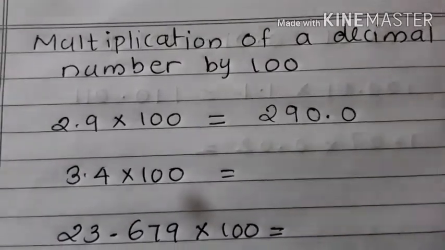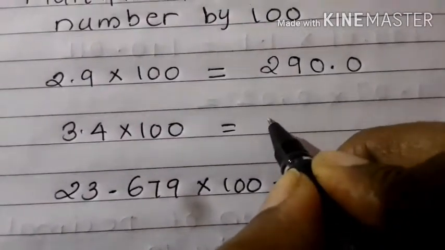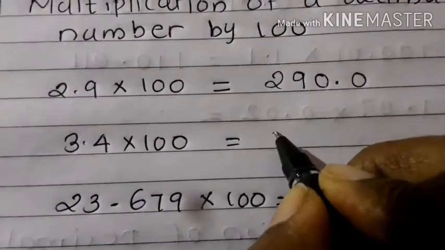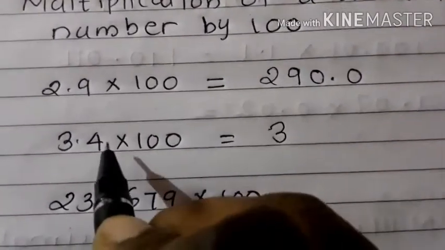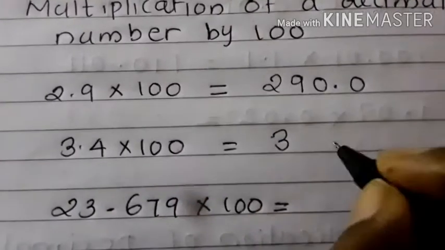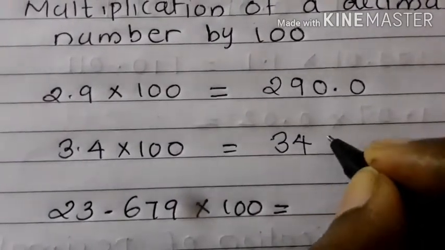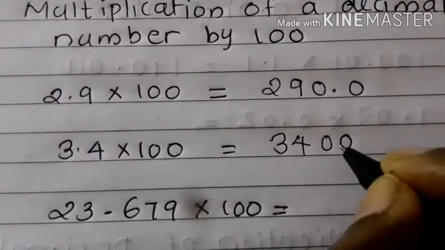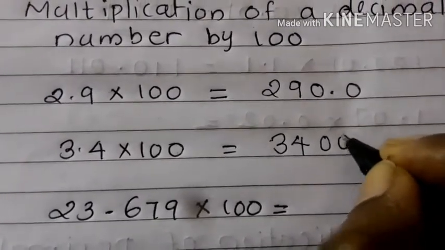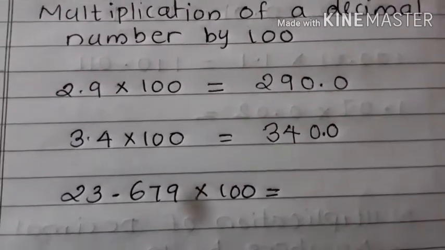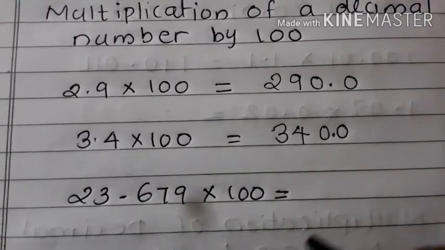We get 290.0. The next one is 3.4 multiplied by 100. Here the decimal point moves 2 digits to the right. 1 digit is there and put 0 to this number, 340.0. So here we move 2 digits to the right.